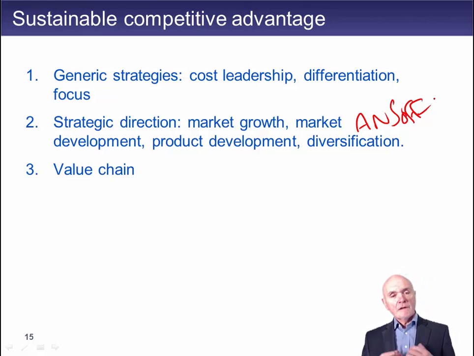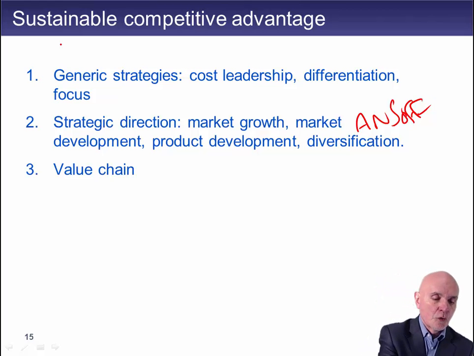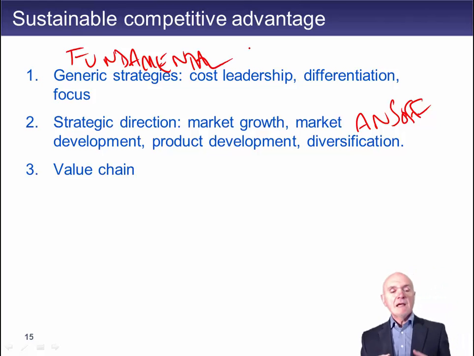So first of all, the generic strategies. And by generic strategy, think almost of a fundamental. The fundamental way in which, let's assume, a profit-seeking organization goes about making profits and good profits.